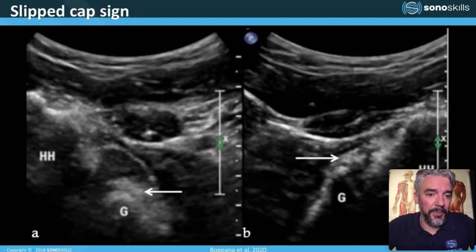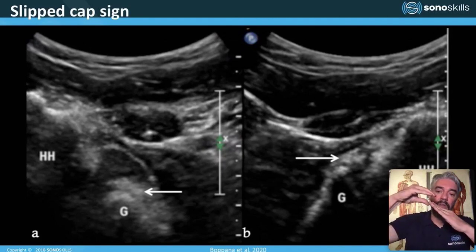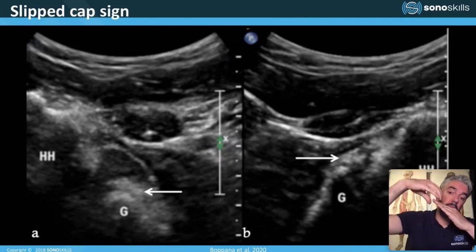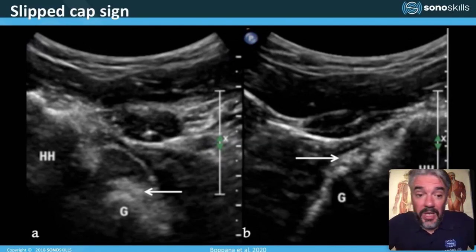This is the slip cap sign. The labrum is a little bit detached and slipping towards the humeral head within the joint, and that's called a slip cap sign. And you can see this on the left image.